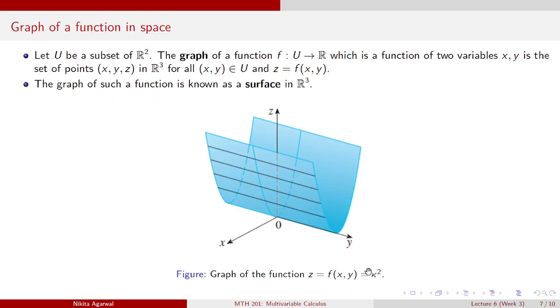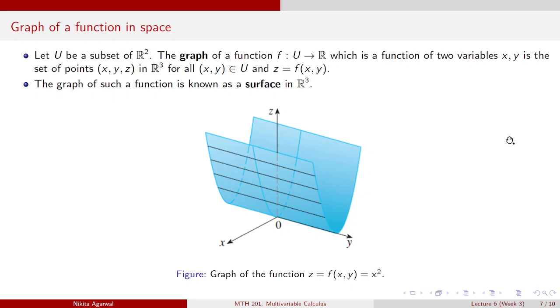Now y is missing, right? So it's again a cylinder, z equal to x square. So what do you do? You put y equal to 0. Y equal to 0 means the xz plane. In the xz plane, you get a parabola extended in both directions. So this is the graph of the function f(x, y), which is a function of two variables, and it's a surface in R3.